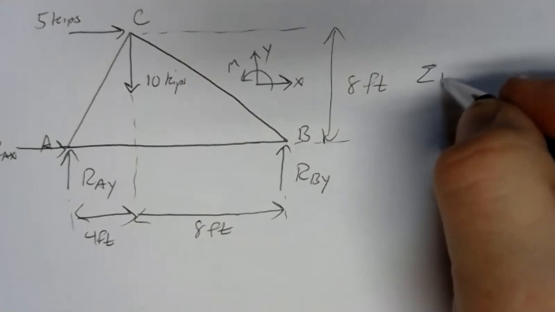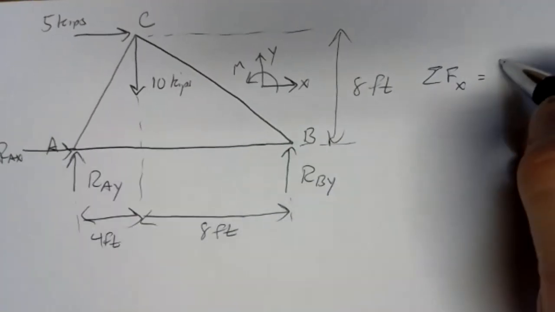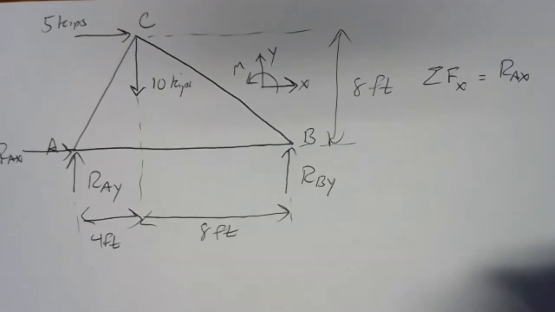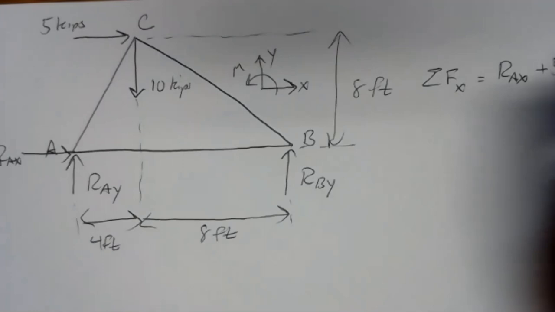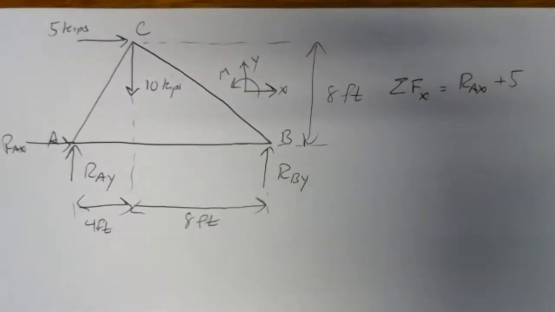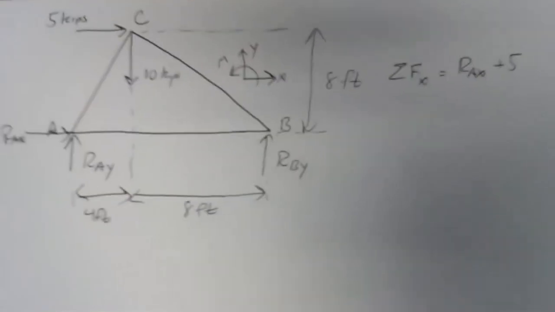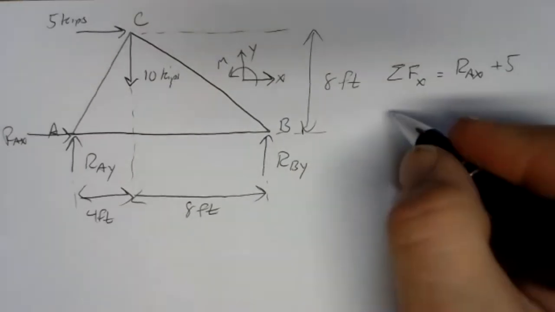Sum of forces in the X direction, we've got a positive RAX. We have a positive 5 kips and nothing else. So not a whole lot in the horizontal direction on this one.